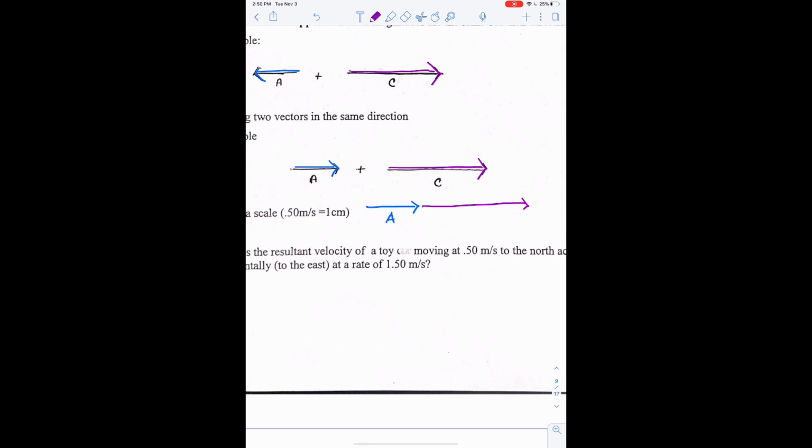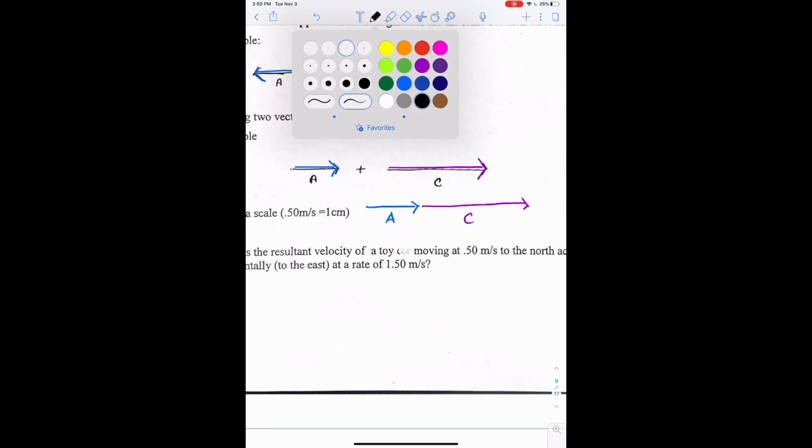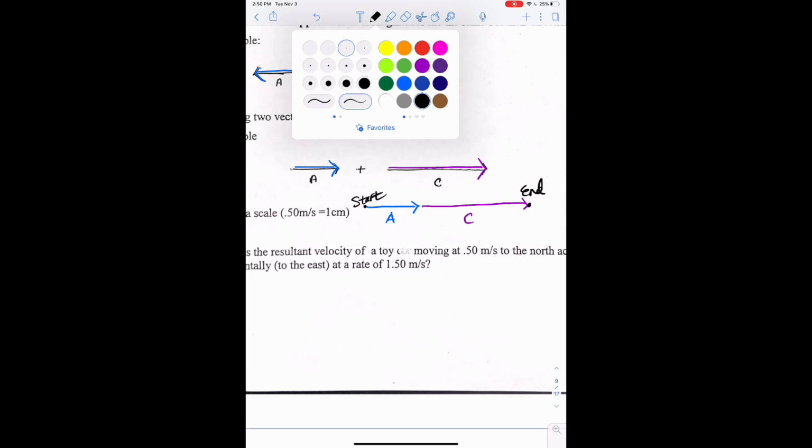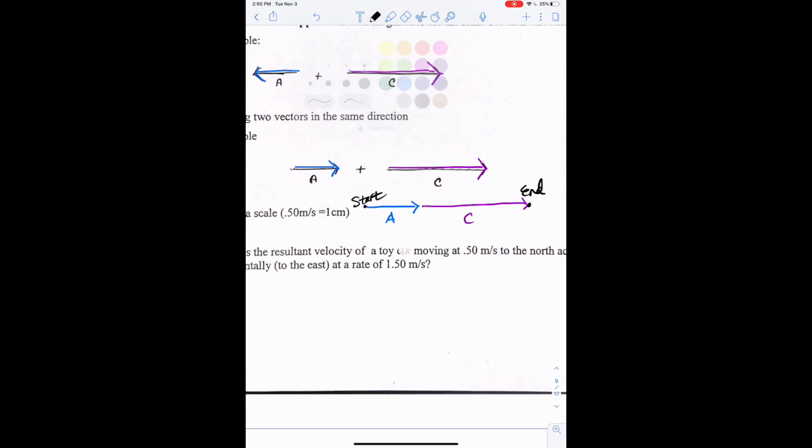C is about double the magnitude. So we have something like that. We then find the start. If this is like a scavenger hunt or a treasure map, this would be the start. This would be the end. And so our resultant is going to go from start to end.